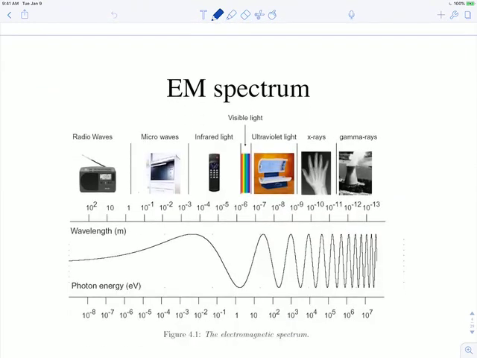Just to give you some perspective, what we're talking about with X-rays are things way up here, 10 to the minus 10 meters, so very short wavelengths. For both X-rays and CT, we're talking about basically radiation. When we talk about MR, we're going to be down in this regime here, radio waves and microwaves.